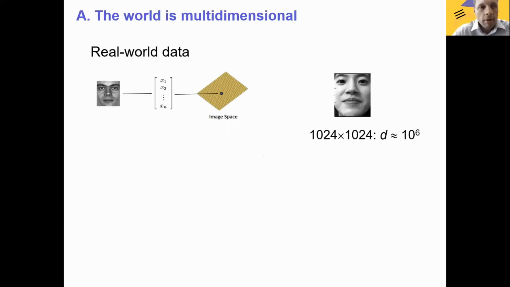First of all, the first statement: the world is multidimensional. Real-world data is represented by high-dimensional vectors. For example, an image is a high-dimensional vector where each coordinate is a pixel value of the image. So a high-resolution image is modeled by a very high-dimensional vector with coordinates equal to pixel values.